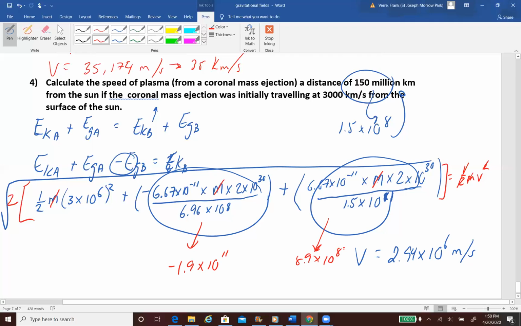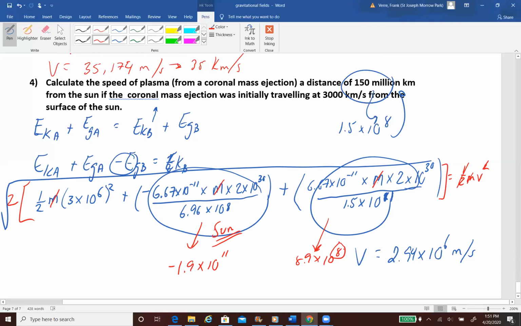So just so you understand, this is the gravitational potential energy relative to the sun, and the object is on Mars, okay? And this is the gravitational potential energy relative to Mars, and it's on Mars.